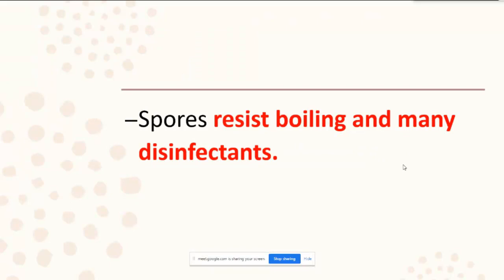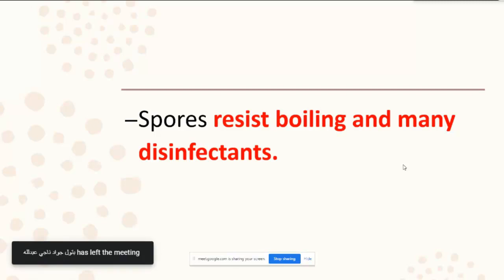Usually the spores are resistant to boiling and many disinfectants, and this is why the disease is transmitted easily when there is contamination by soil. So the spores of these bacteria usually resist boiling and many disinfectants, including Dettol and bleach. These spores are resistant, okay?